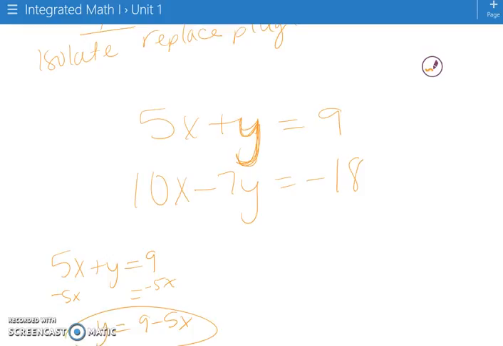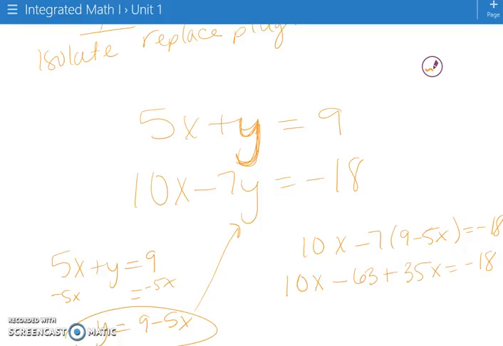Next, I'm going to replace. So I'm going to take the fact that y equals 9 minus 5x, and I'm going to plug it into my second equation. So I get 10x minus 7 times (9 minus 5x) equaling negative 18. I'm going to solve. So 10x minus 63 plus 35x equals negative 18.